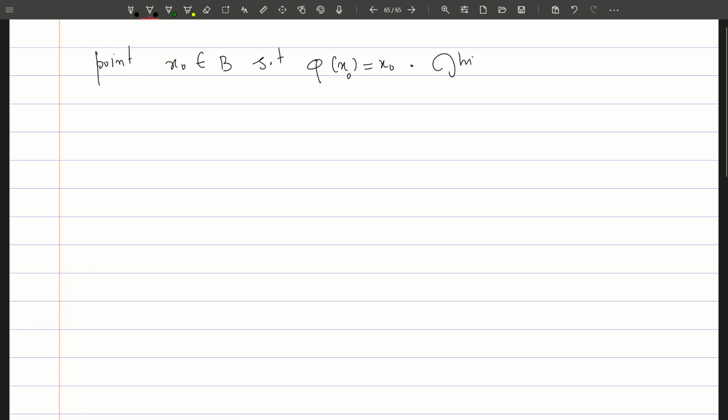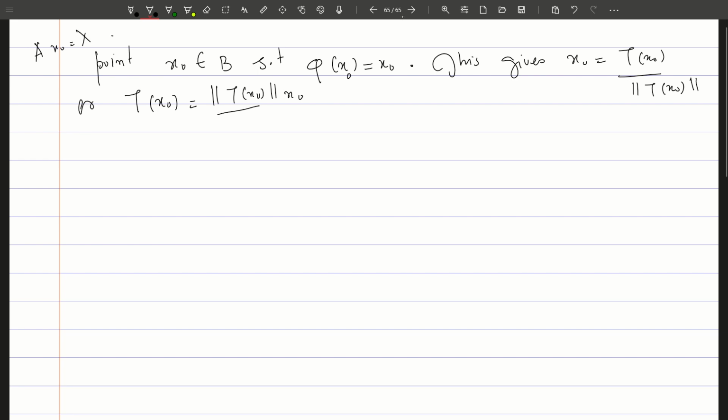So this gives x naught is T of x naught over norm T of x naught, or T of x naught is the same as norm of T of x naught times x naught. So this means that A of x naught is, let us call this lambda over here, lambda times x naught. That means lambda is an eigenvalue corresponding to the vector x naught.